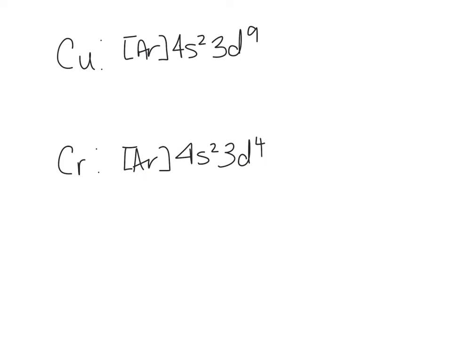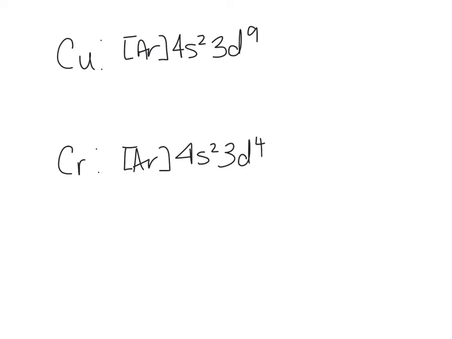Okay, but these are actually incorrect. You did them correctly based on the knowledge that you gained yesterday. What did I say earlier about a half-filled d orbital? It's very stable. I didn't say anything about the full, right?